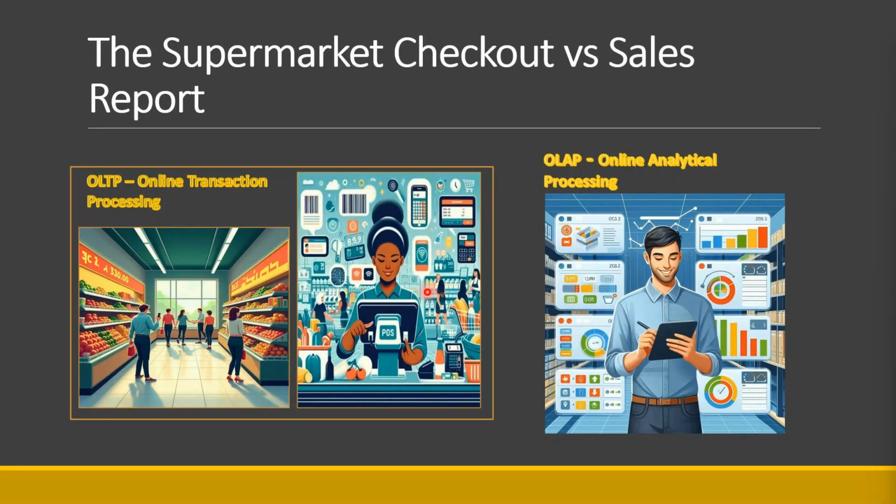The cashier will scan your items and process the payment instantly, right? So this is fast and real time. Your data is processed and stored in their database. This real time storage of your billing information is called OLTP, online transaction processing.